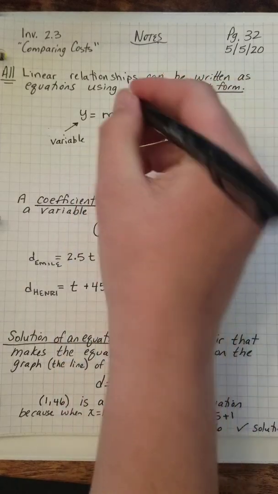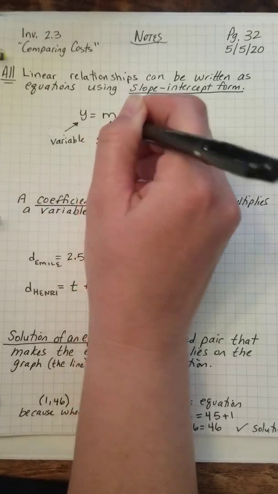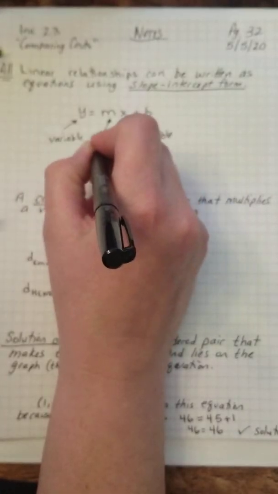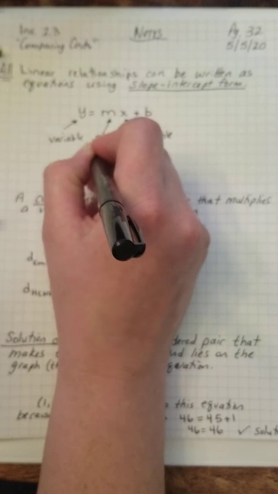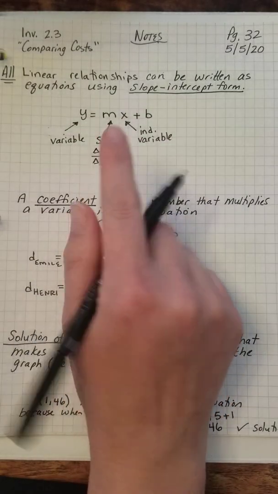M is what we call the slope. We have been talking about the change in y over the change in x. So this is the ratio.